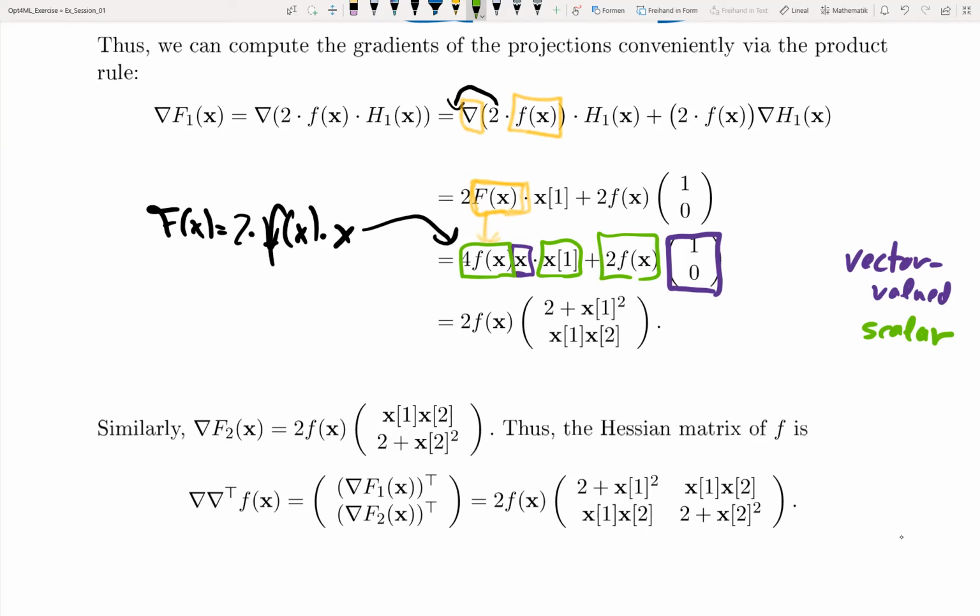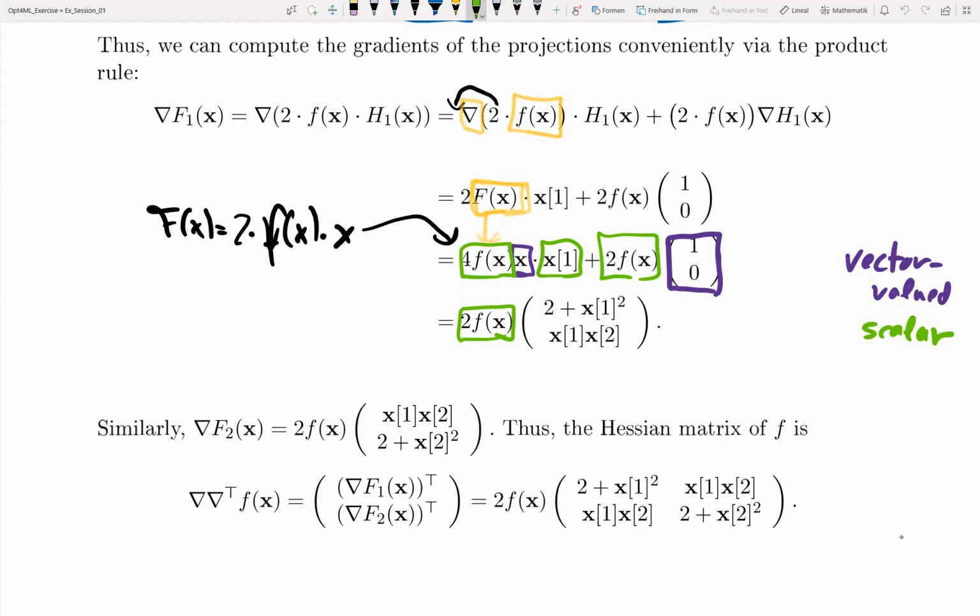What can we do? We see, well, in both vectors we have the 2 times f of x scalar in front of it. And what remains then is to add the x1, x2 components to this second column vector, the 0, 1 vector.